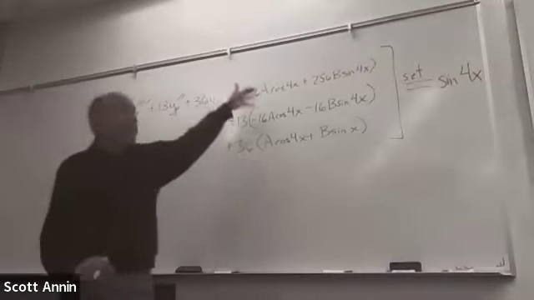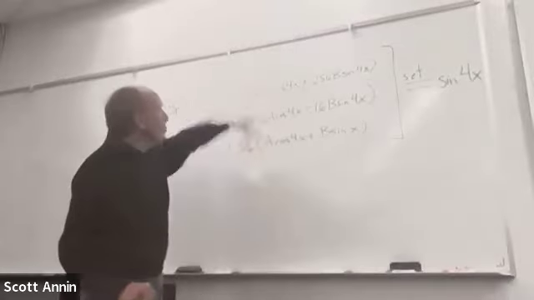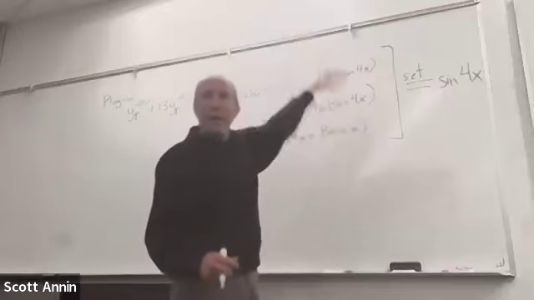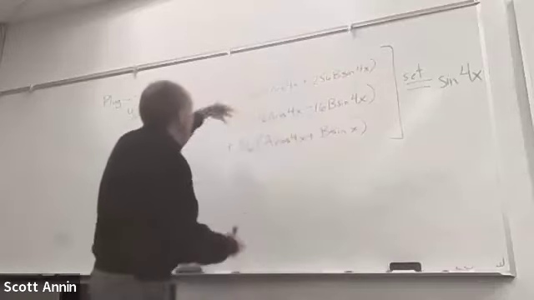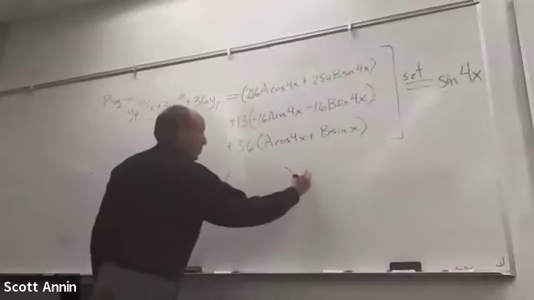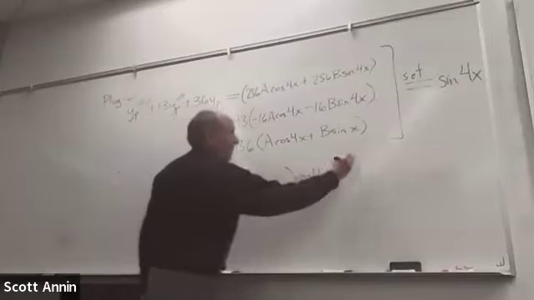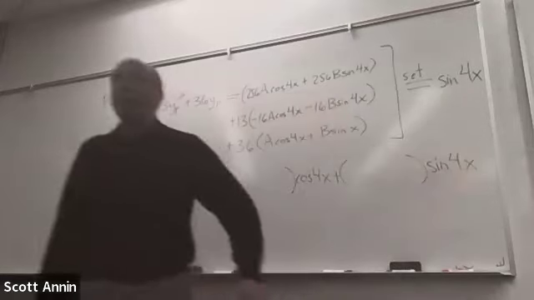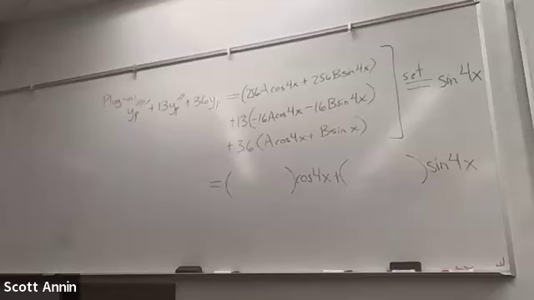You know why I liked writing it like this? Because all the cosine stuff is piled in the front, and all of the sine stuff is piled in the back. So if I figure this out on the left, I'm going to figure out how many cosine of 4x's do I have, and then how many sine of 4x's do I have. What do I have here?